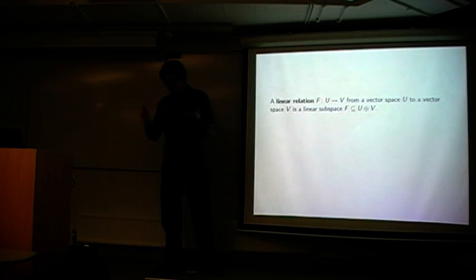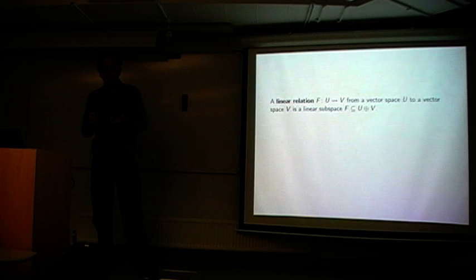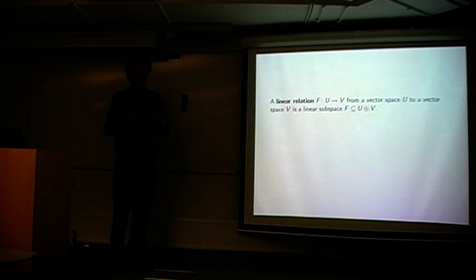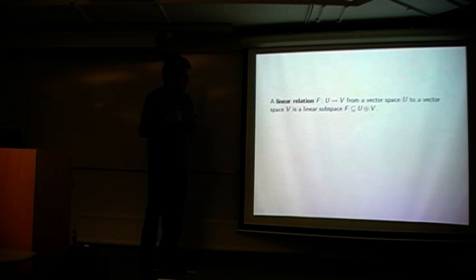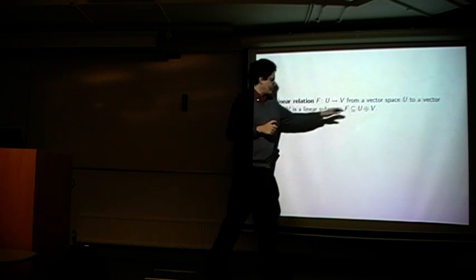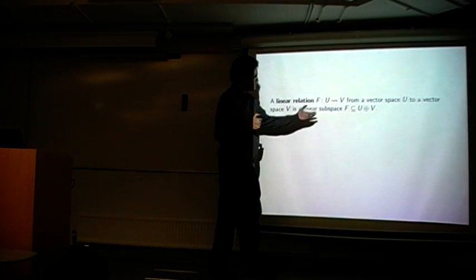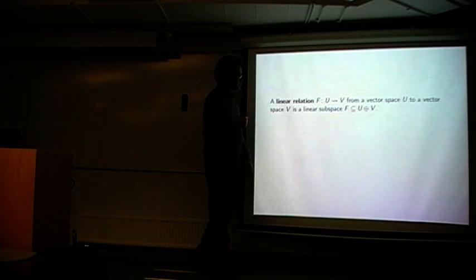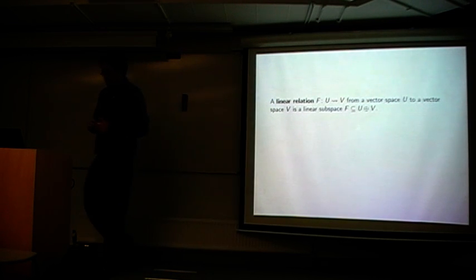So that's just a linear version of the usual concept of a relation between sets, right? A relation from a set S to a set T is a subset of the Cartesian product of those sets. In other words, it's a set of ordered pairs. The first guy is related to the second guy if the pair is in that subset. But the direct sum of vector spaces is the Cartesian product, so this is really the same concept, but in a linear setting.